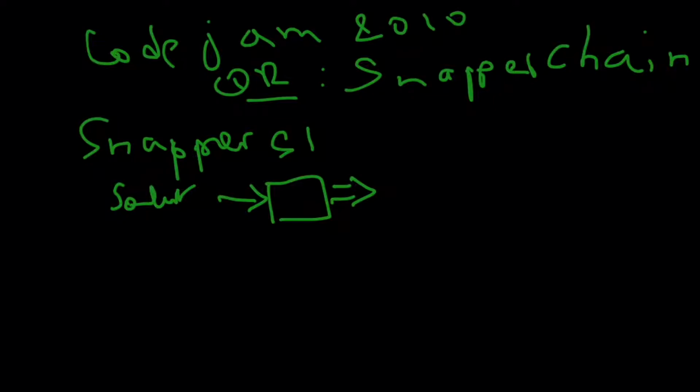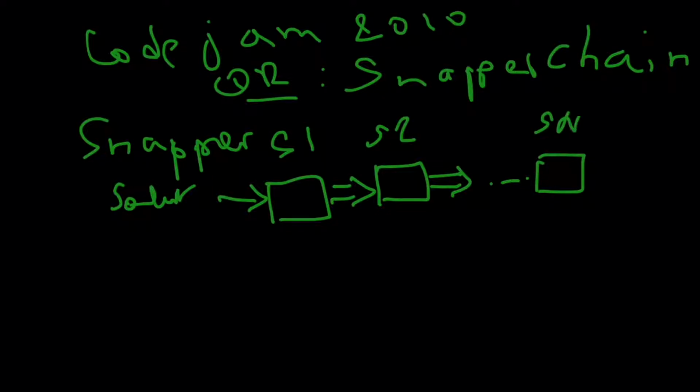So you can have another device, another snapper S2. Let's say we have another one until the last snapper device, and this one has a light plugged into it. So this is the logic of the device.